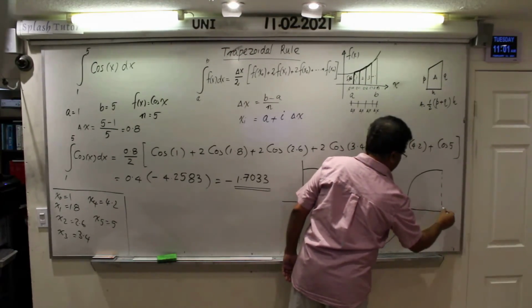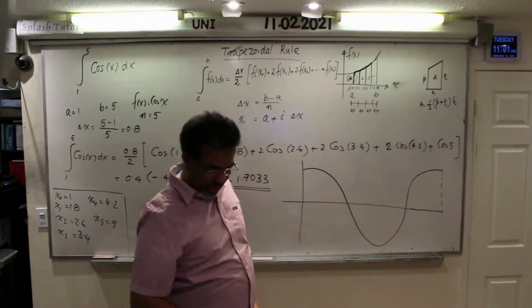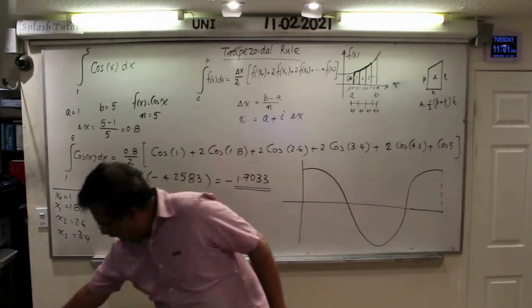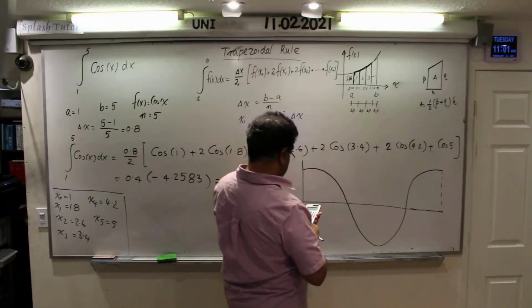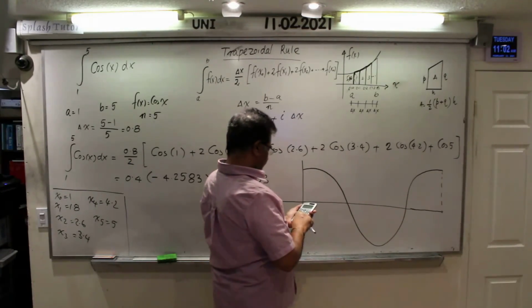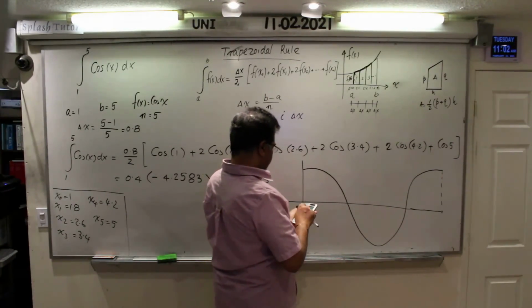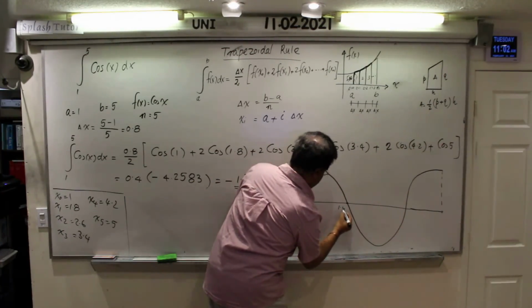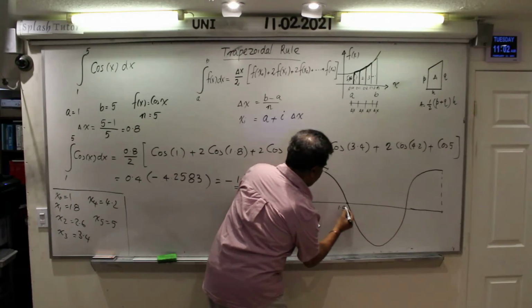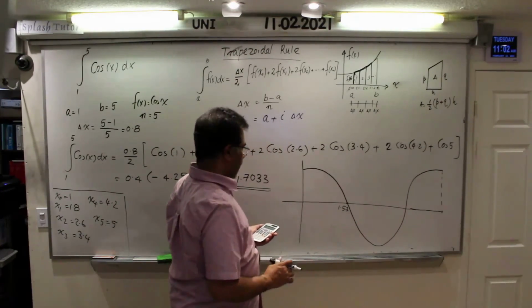Now see, this is pi divided by 2, that is 1.57.